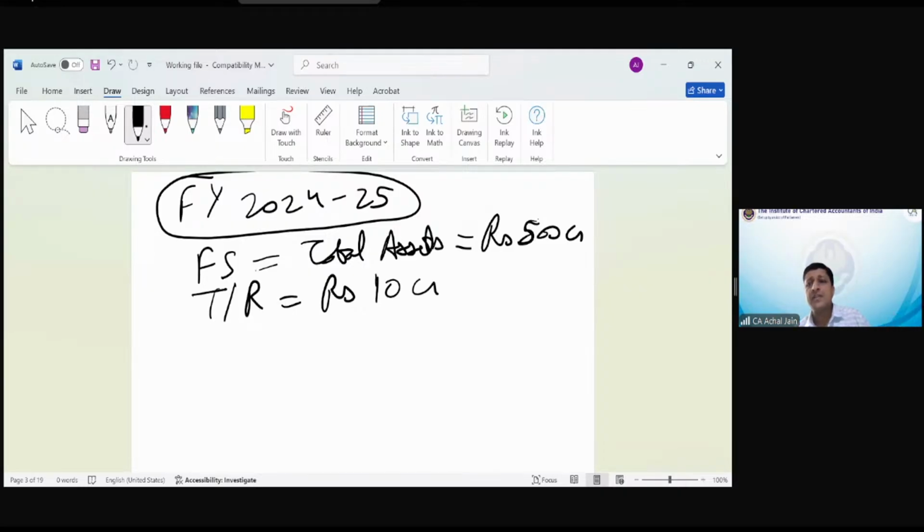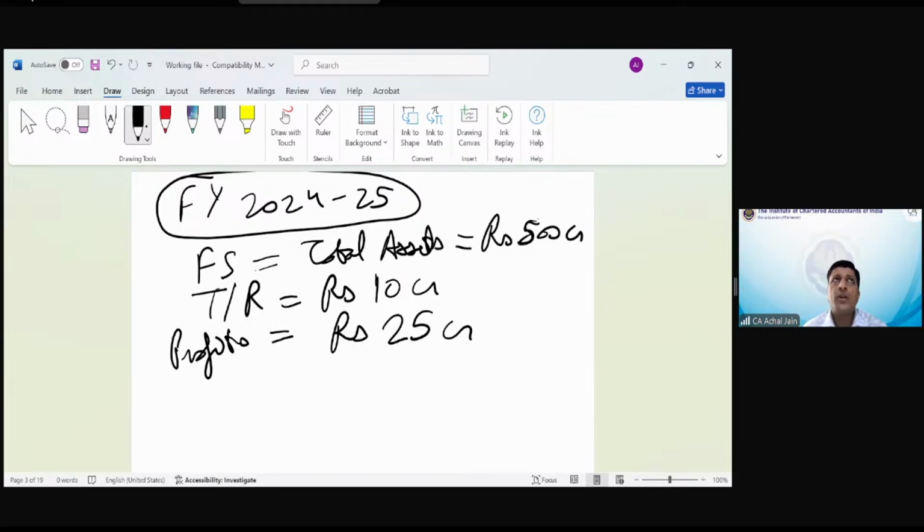The profit for the year, let's suppose, is 25 crore. So during the year, the company has a profit of 25 crore.